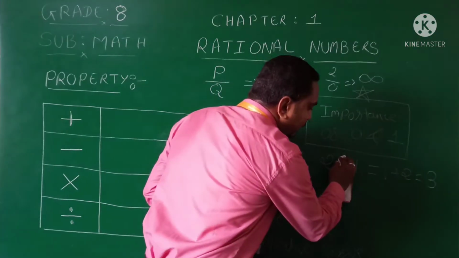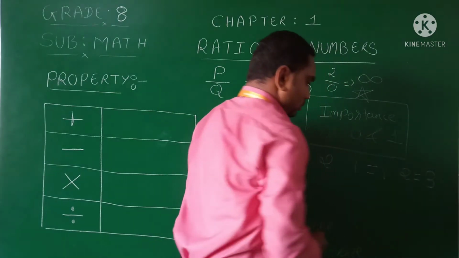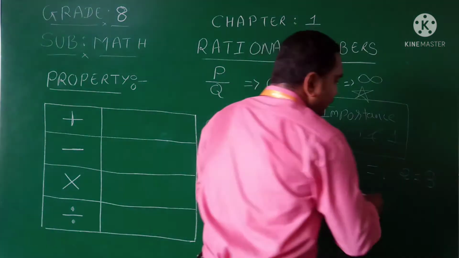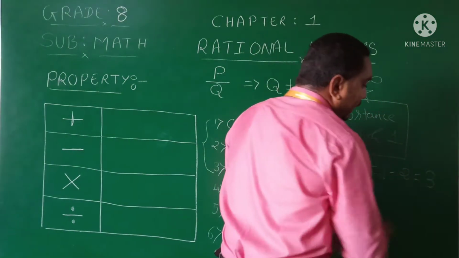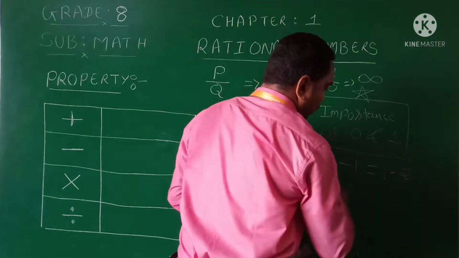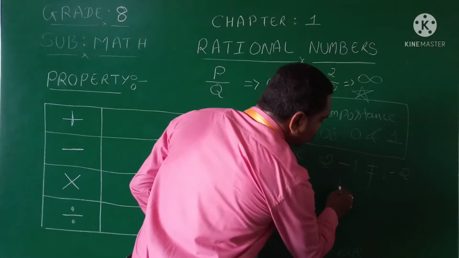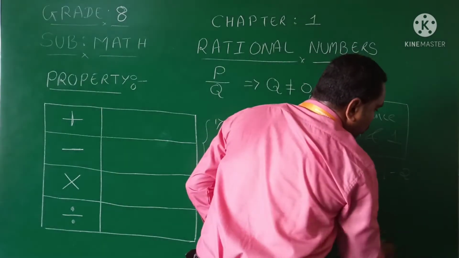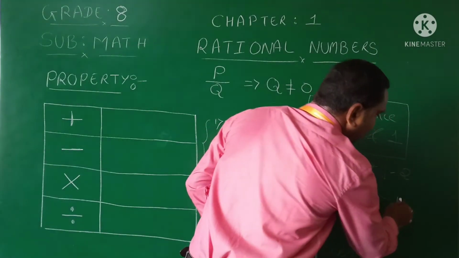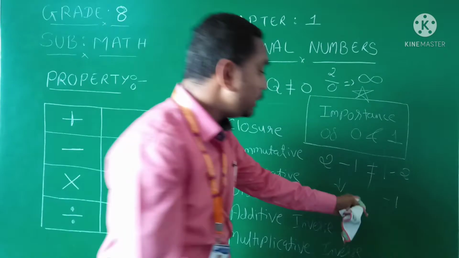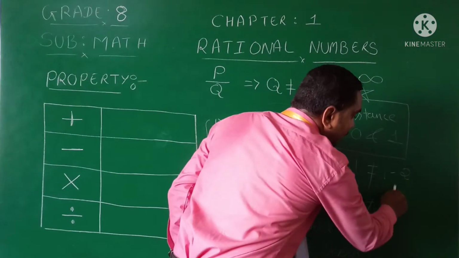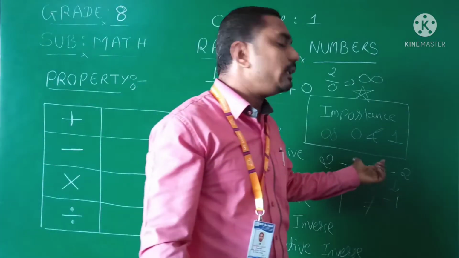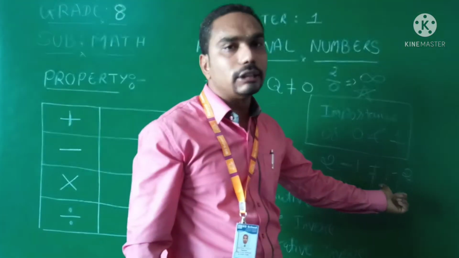But if I say 2 minus 1 and 1 minus 2, again this will not be equal. Why? Because 2 minus 1 is equal to 1 and 1 minus 2 is equal to minus 1. So here the sign changes. See the importance of 1 in addition and also in subtraction.